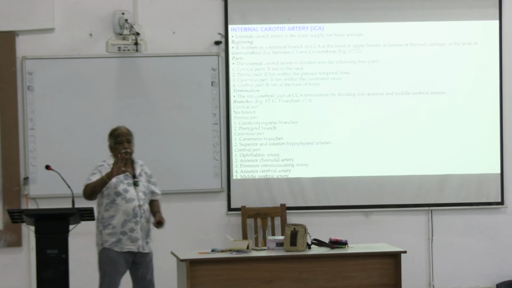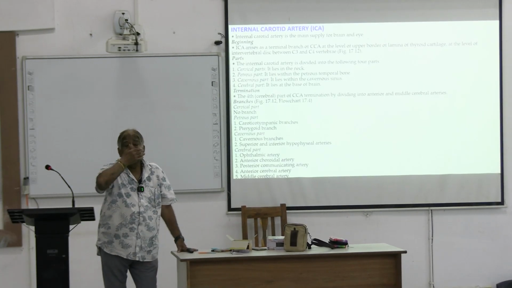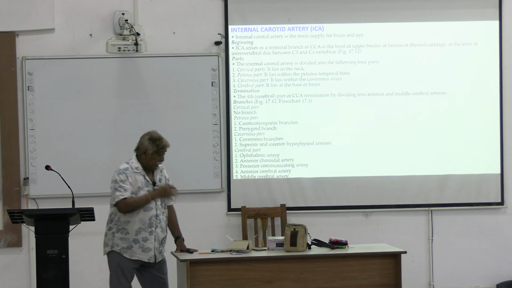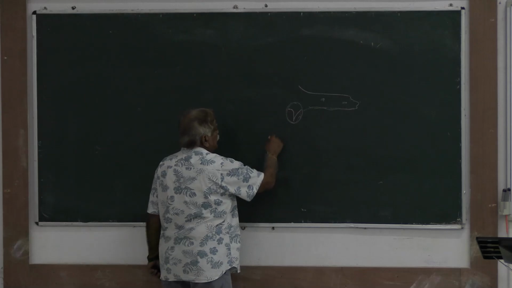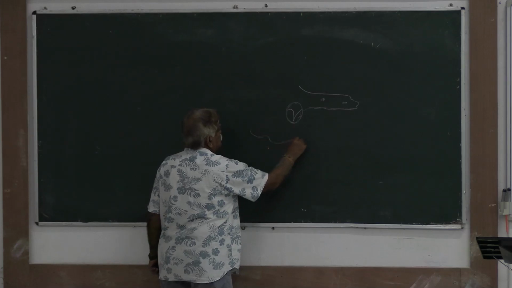You will have beautiful pictures in your atlas, in your book, of this blood supply of the brain and the eye. And this you draw. Externally it is the external meatus.